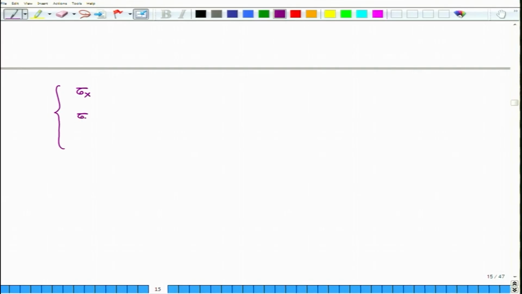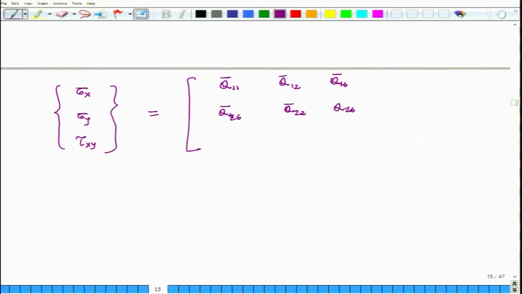sigma x, sigma y, tau xy equals Q11 bar, Q12 bar, Q16 bar, Q26 bar, Q22 bar and Q26 bar. Oh, I am sorry.